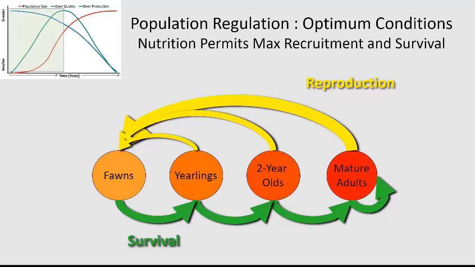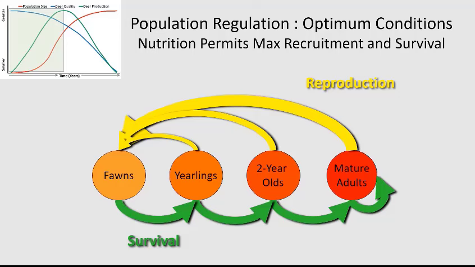Now, on the lower survival side of this figure, you see fawns surviving well as yearlings, yearlings surviving well into 2-year-olds, 2-year-olds surviving well into 3-year-olds, 3 surviving well into 4. And once you get to that 3-year, you're in that mature adult, and you could live to 12 or 13 years of age under optimum conditions.